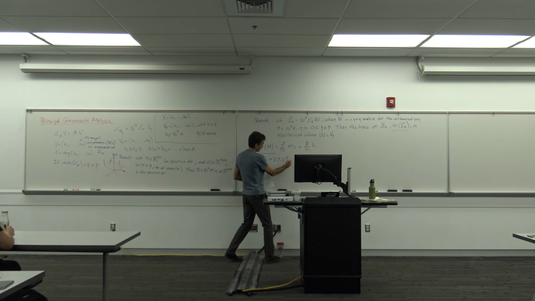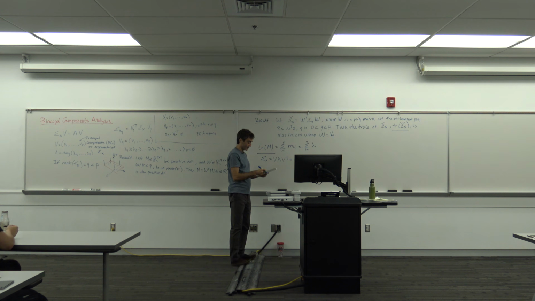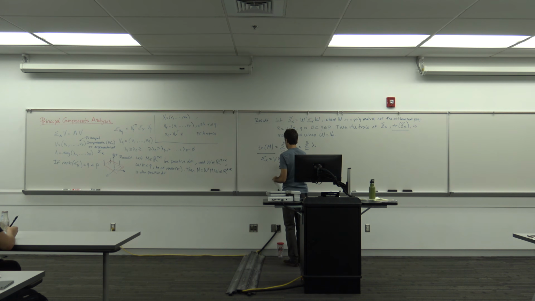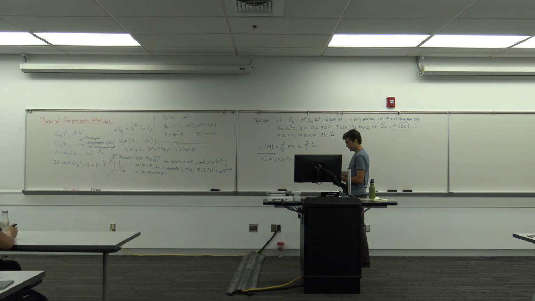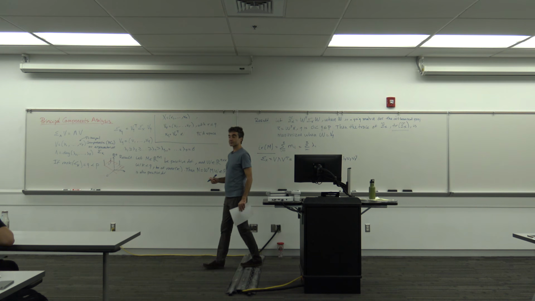And I can write it down as lambda 1 V1 transpose plus lambda 2 V2 transpose all the way to lambda P VP transpose, right? That's the same thing, correct?